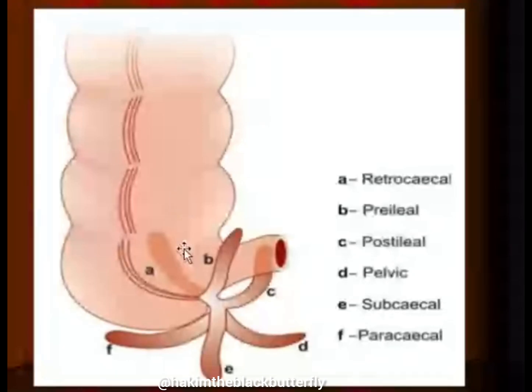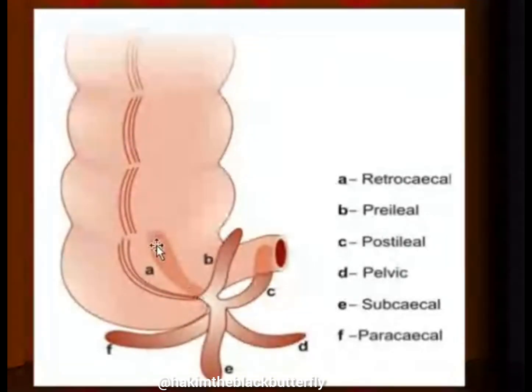So McBurney's point is where the appendix attaches to the cecum posteromedially, and that is where we have the root of the appendix. However, as you follow and as you're seeing, the appendix might be lying posterior to the cecum.